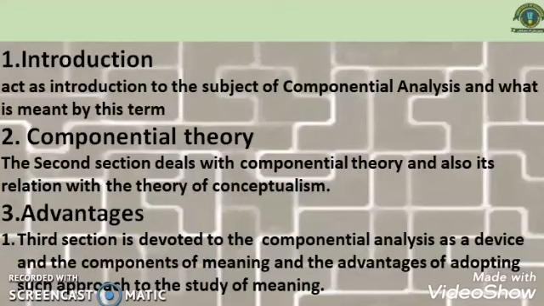The third and most important part is the advantages of componential analysis in semantics or linguistics. So the third section is devoted to componential analysis as a device, the components of meaning, and the advantages of adopting such an approach to the study of meaning.